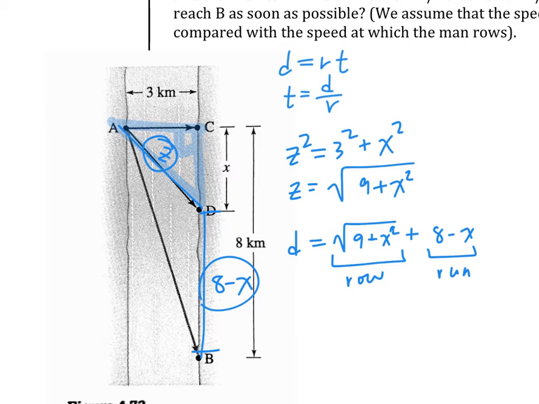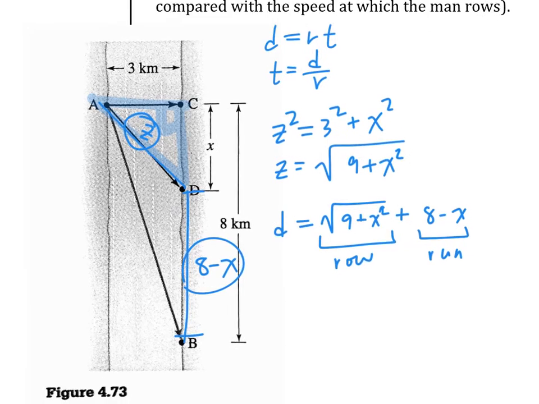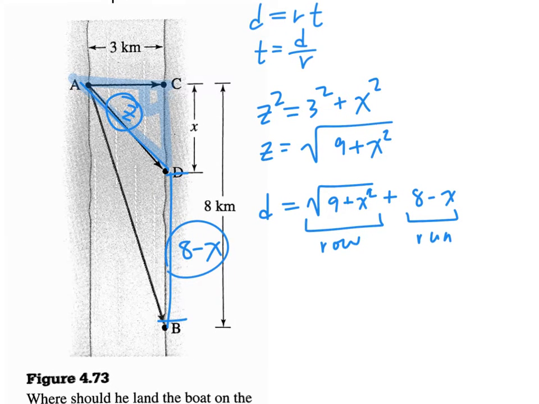So remember, we're trying to minimize time, not distance. So how do we find the time he rows? Not times 6, divided by 6. Remember, time is distance divided by rate. The total time has to be minimum. The time he's rowing is the distance he is rowing divided by the rate he can row, so 6.